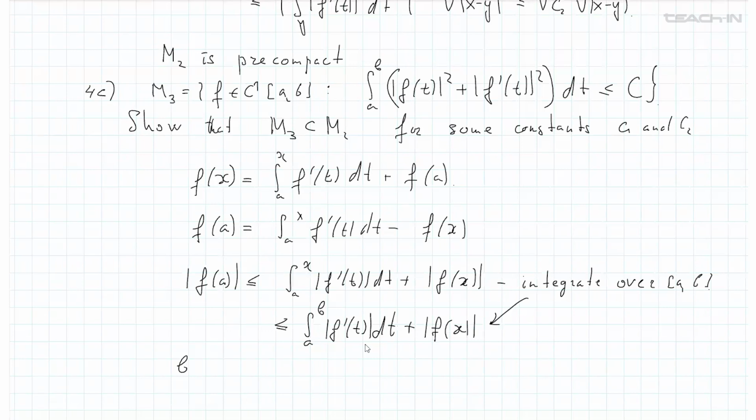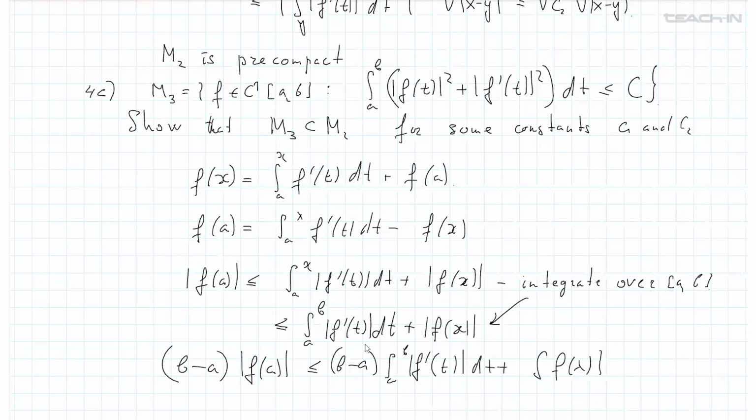Here this is a constant, the value of the function f at a is a constant. So we obtain on the left side this, and here we obtain again a constant, so (b minus a) times the integral over [a, b] of the derivative dt, plus this integral.